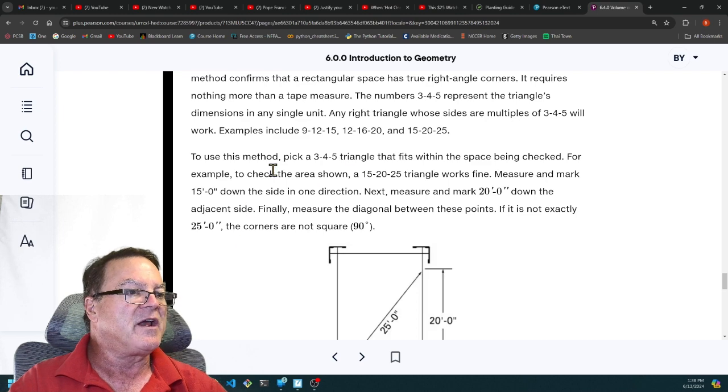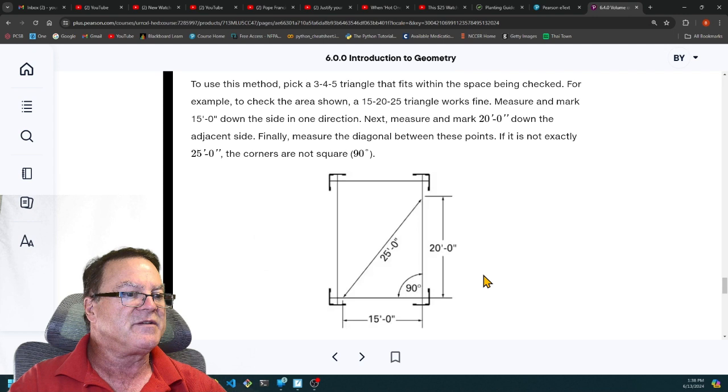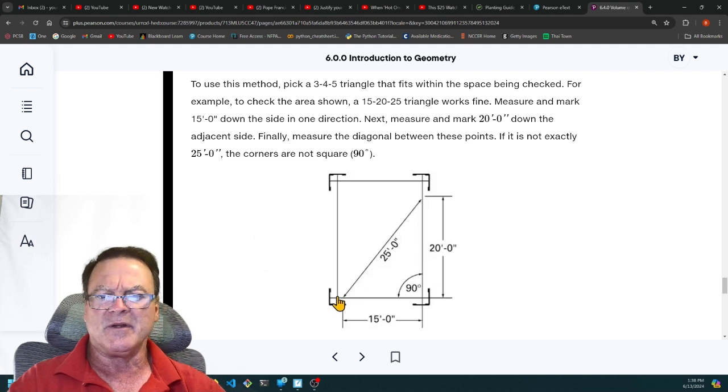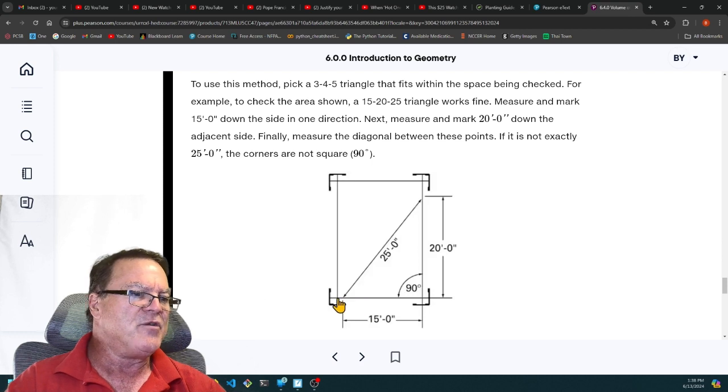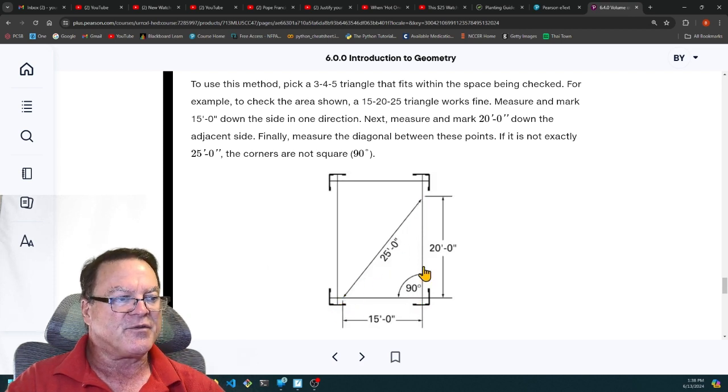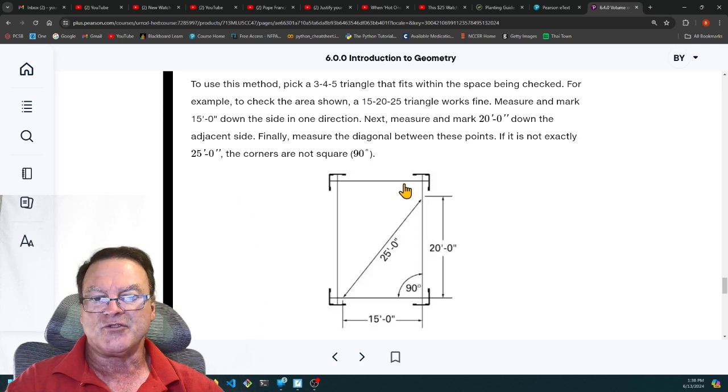Okay, here they're talking about finding an exact 90-degree angle. If you're trying to make a form and you're not sure, you're out in the middle of a field and there are no reference marks, well, you can measure 15 feet and 20 feet, and between those 2 points should be 25 feet. It's called a 3, 4, 5 right triangle.